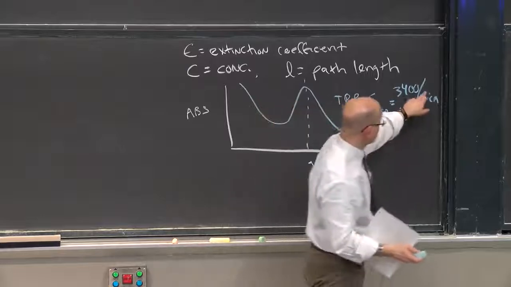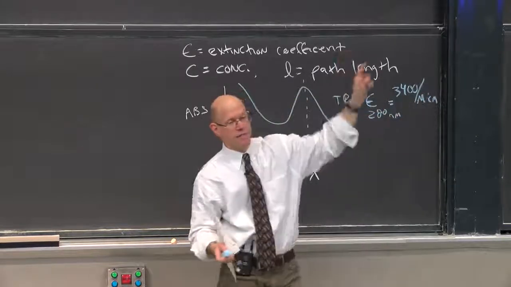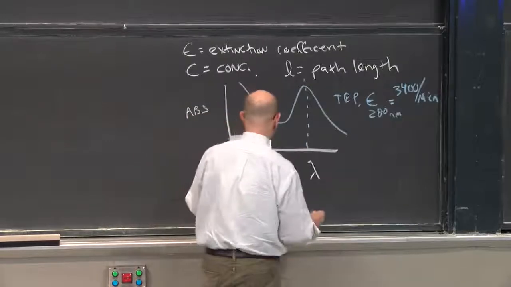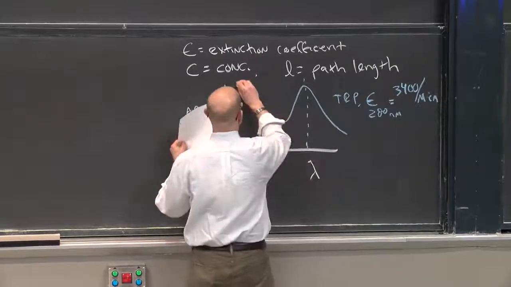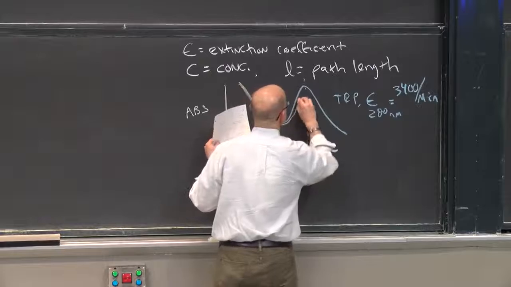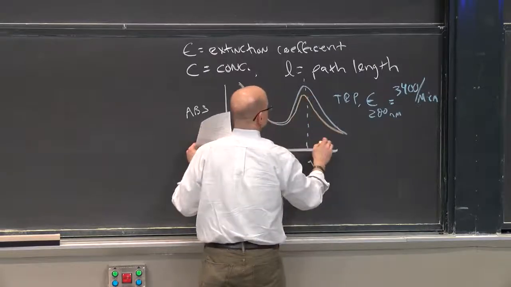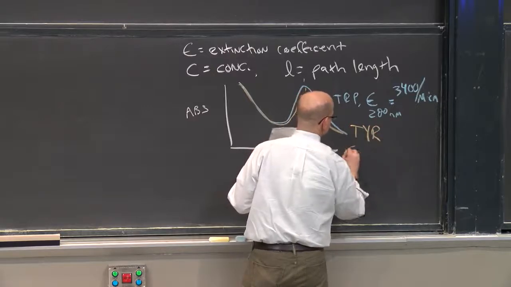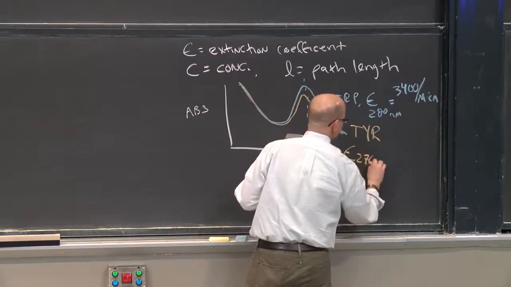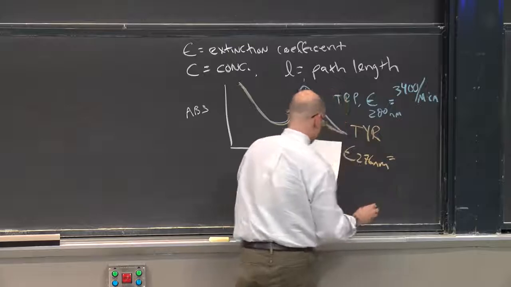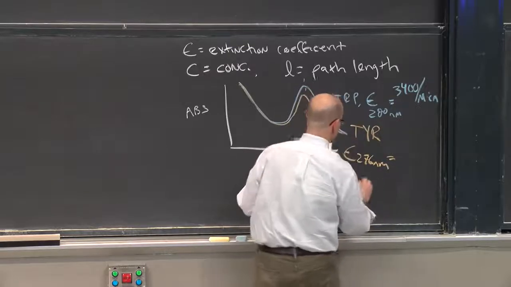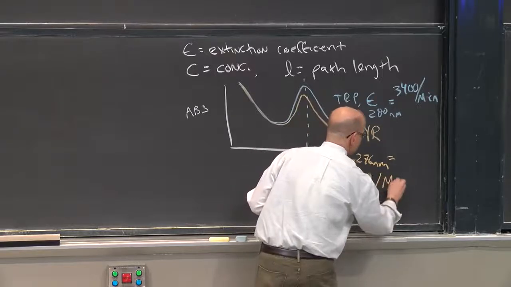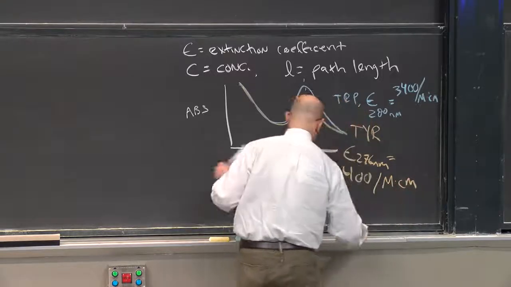Per molar centimeter, because I'm multiplying this times C and times L. Okay? If I do the exact same thing for tyrosine, I get a curve that looks like this. Okay? Tyrosine has a maximal absorbance at 276 nanometers, and it's only 1,400 per molar per centimeter. Okay?